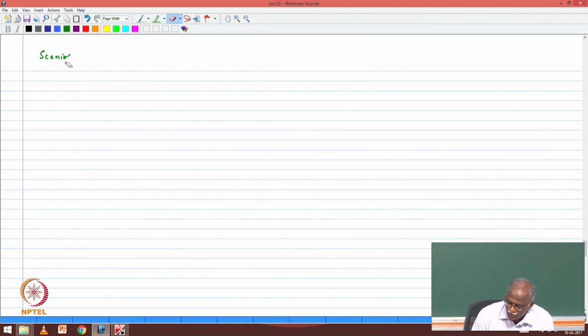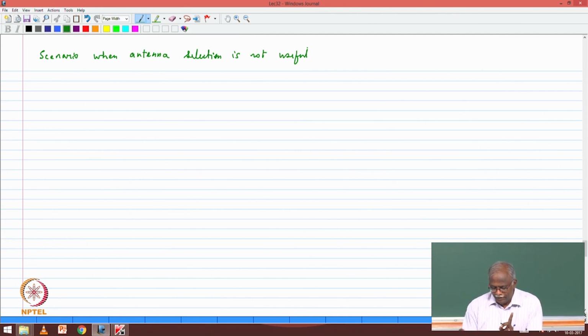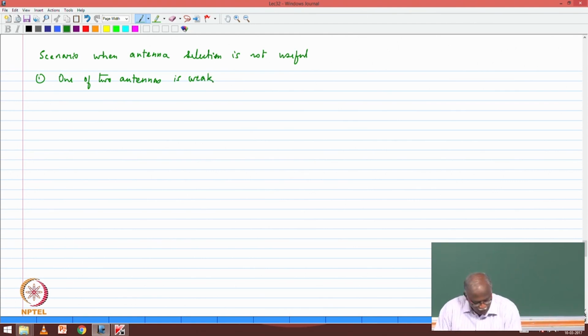It is not useful if, in the case of two antennas, one of the two antennas is weak. If they have only two antennas and you have to choose between them, and one of them is weak, then it is not going to help us.